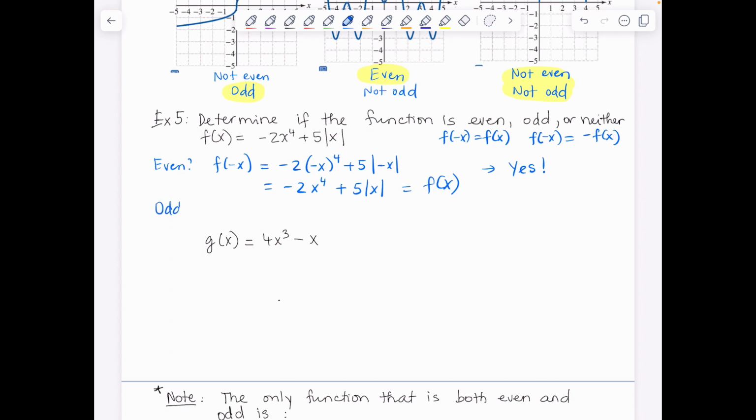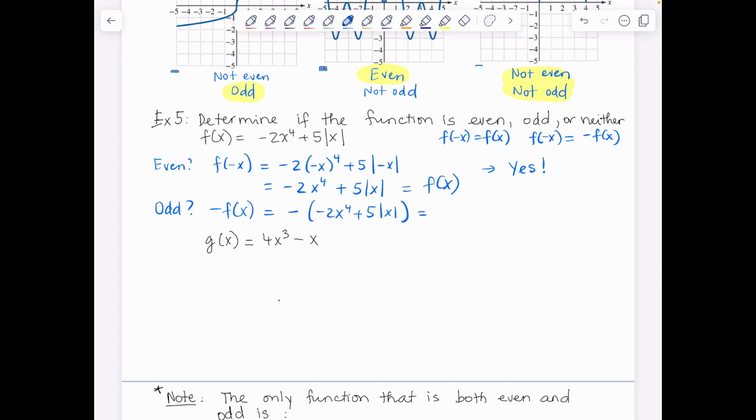Is it odd? Now we are going to compare f of negative x with negative f of x. We already have f of negative x, so we just have to calculate negative f of x. Then we'll compare the two. So negative f of x, that's negative, and then f of x is that whole function given to us.